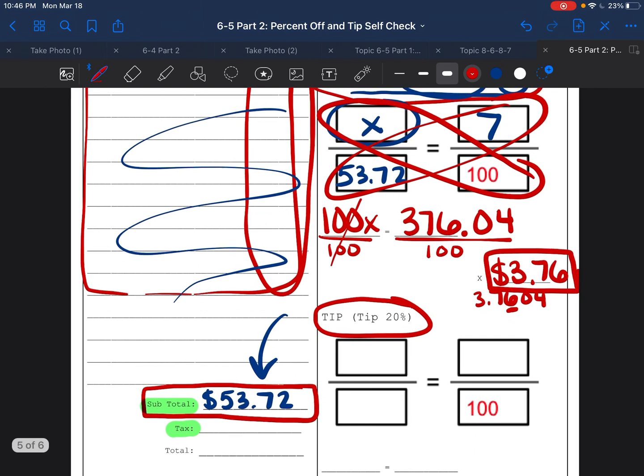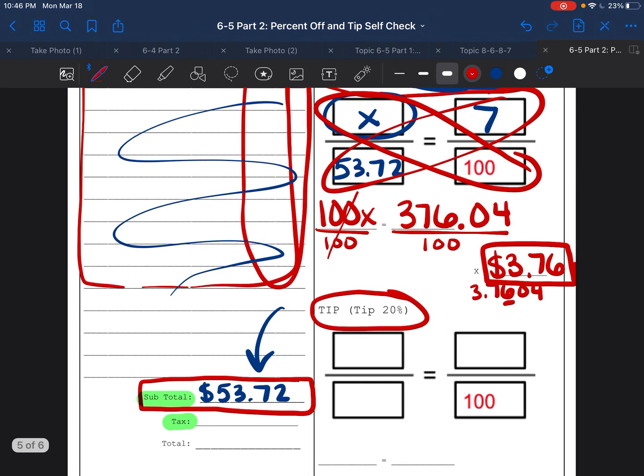So now what we need to do, our tax, we can write, is going to be $3.76. And you see how I'm lining up those decimals because what I'm doing now is finding my new total. Because when you get your bill at the restaurant, they already have tax in there for you to tip on.